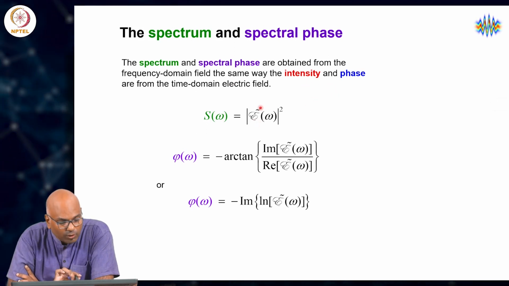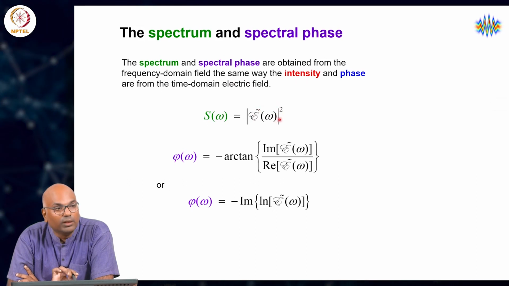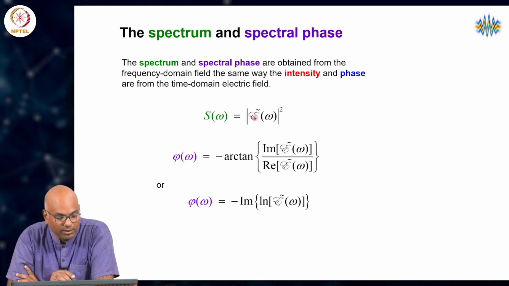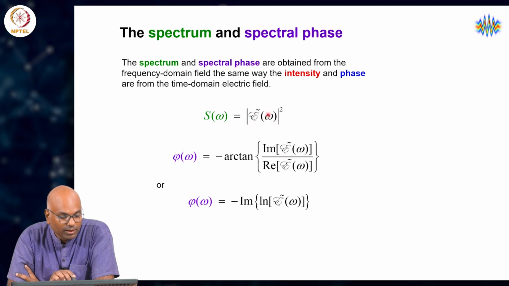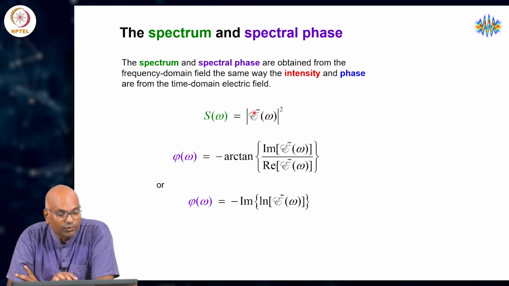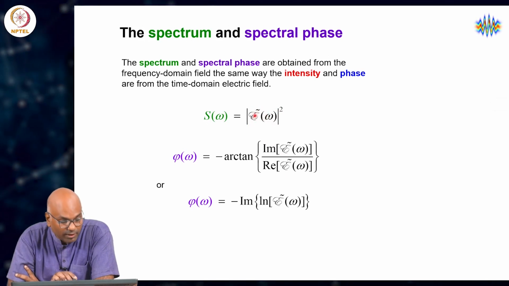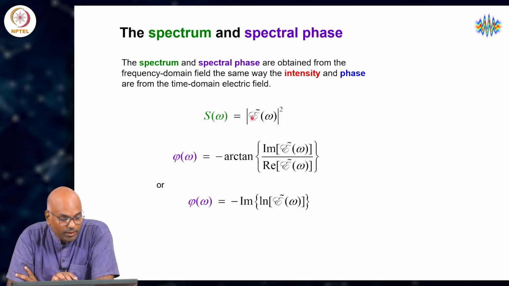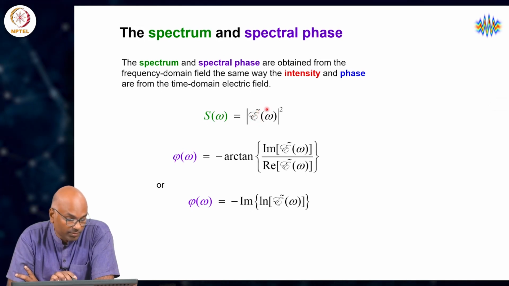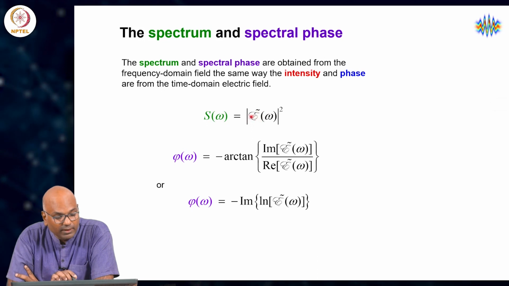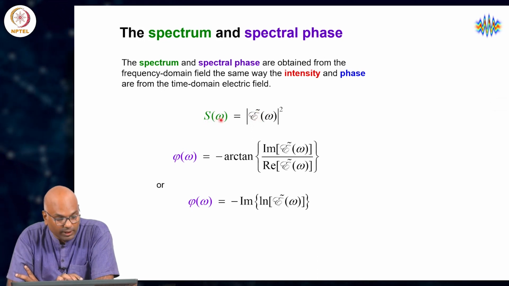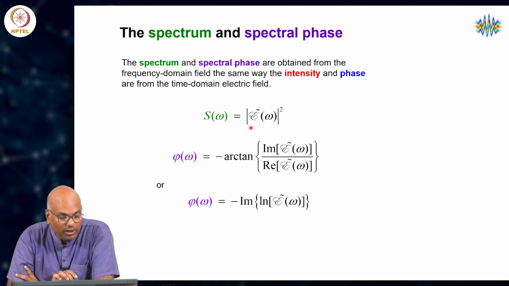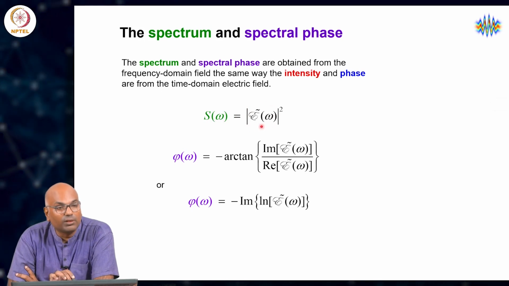So, if I know E tilde of omega entirely, this is the electric field in the spectral domain. Tilde denotes the Fourier transform. Once again, let us recall that that is the Fourier transform from the time to frequency domain. Then the spectrum is by definition the absolute value square of this function.